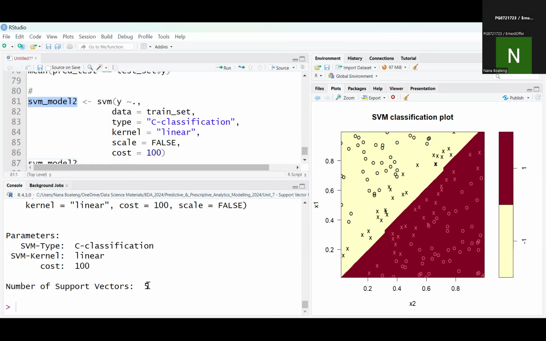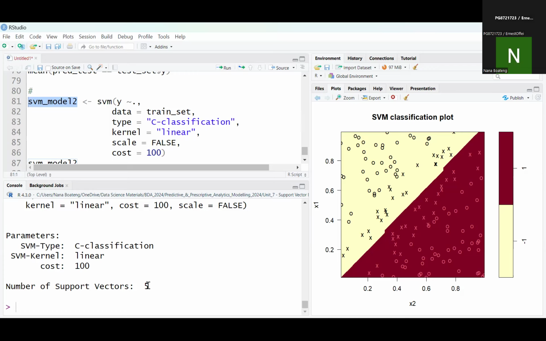Okay, so if you go to the extreme of removing all your support vectors, it might also not augur well for your model. So when you increase the cost, you remove the support vectors.